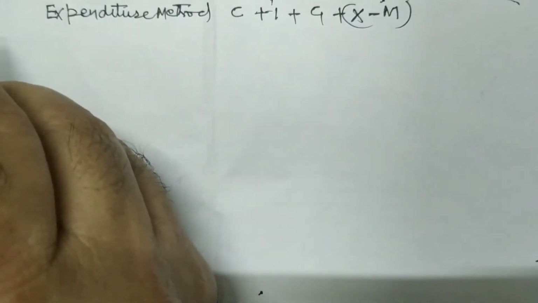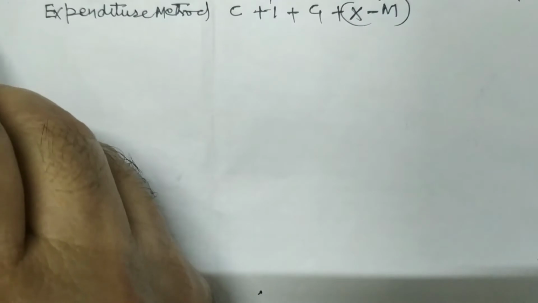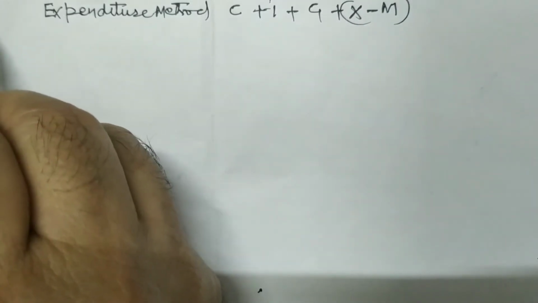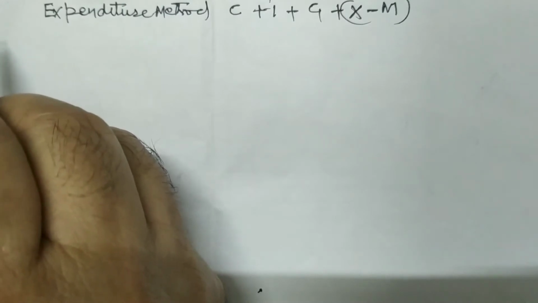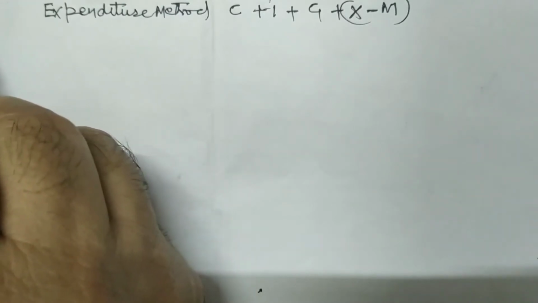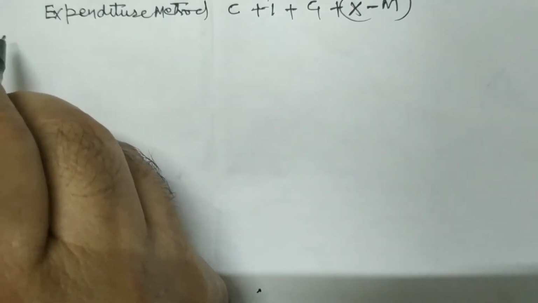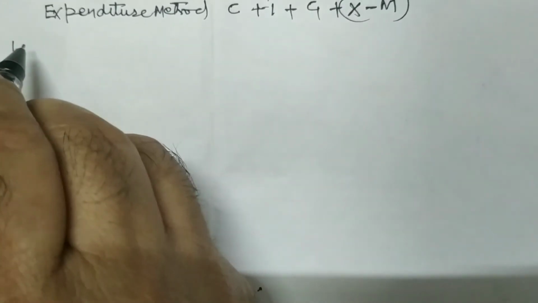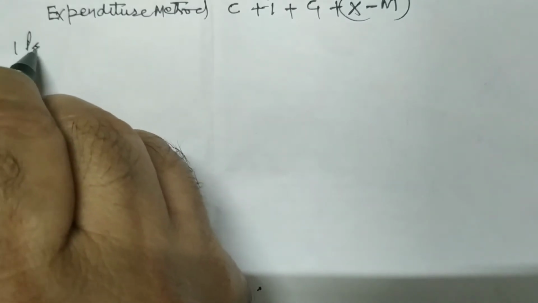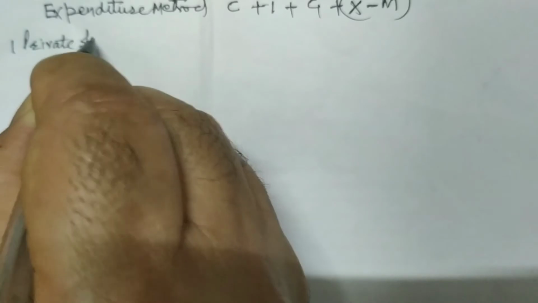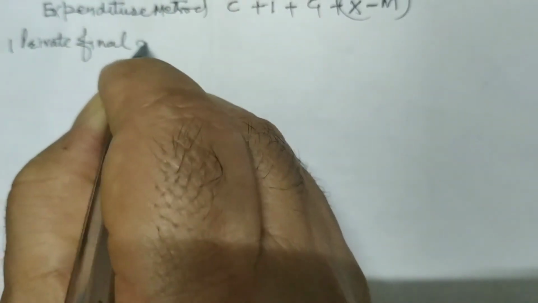So let's start with the components which are counted in expenditure method. First component is private final consumption expenditure.